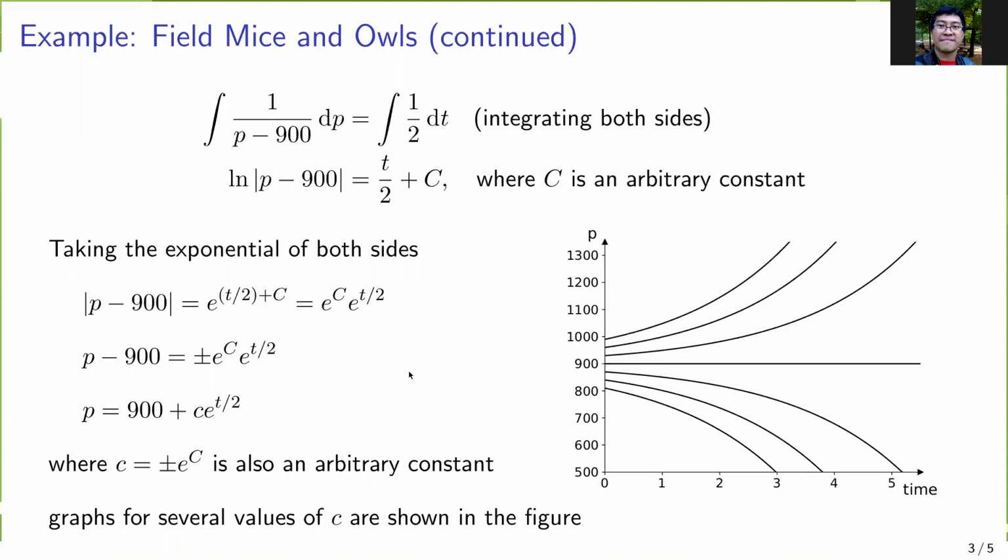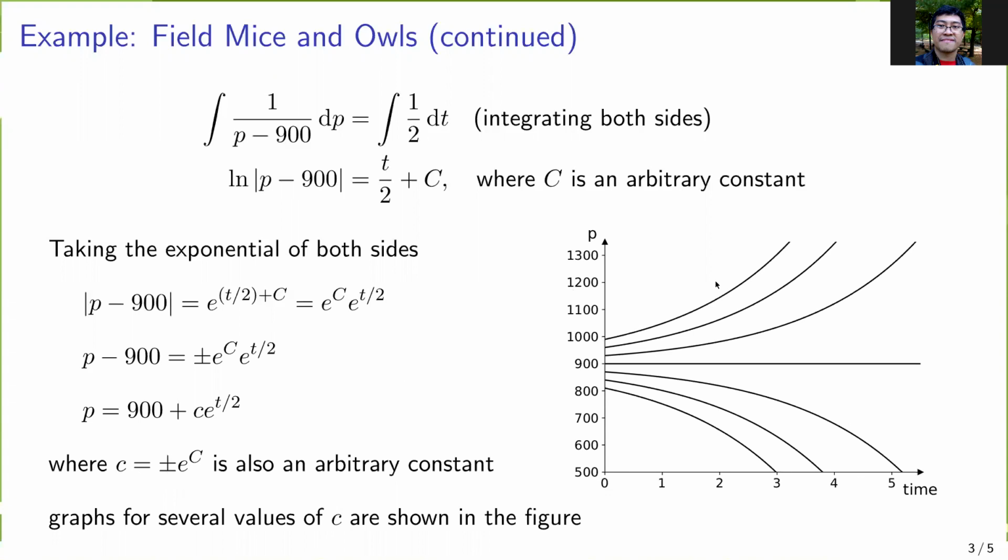So if you make a plot of the solution, plot of p versus t, this is for several values of c, small letter c. I think I used values 90, 60, 30, 0.